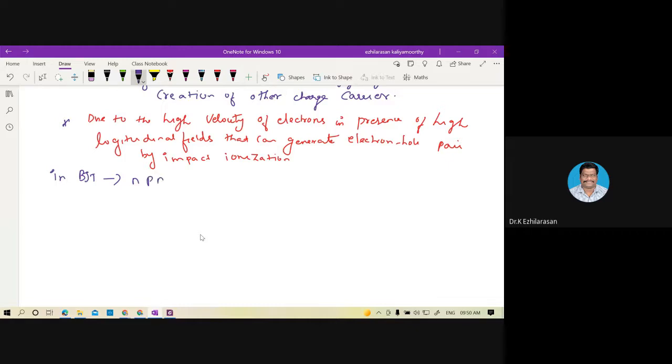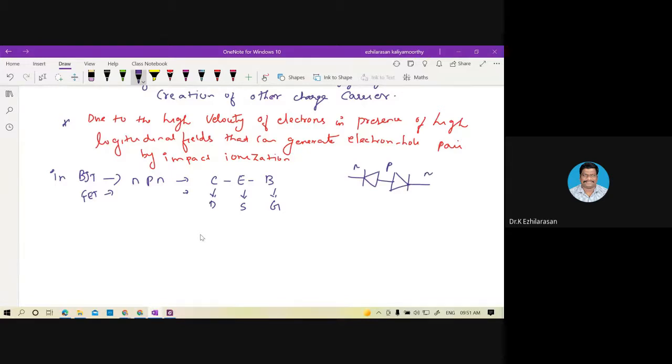In an NPN transistor, we have collector, emitter, and base. In the same way, in the FET, the collector will be drain, the emitter will be your source, and the base is nothing but the gate actually. So simply I can say like an NPN junction, N P N.